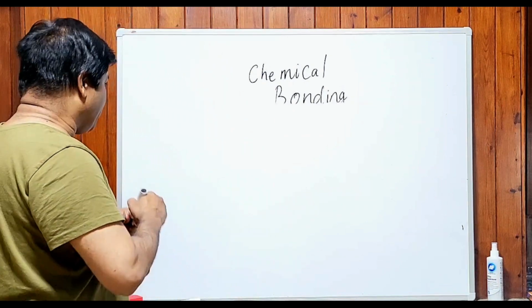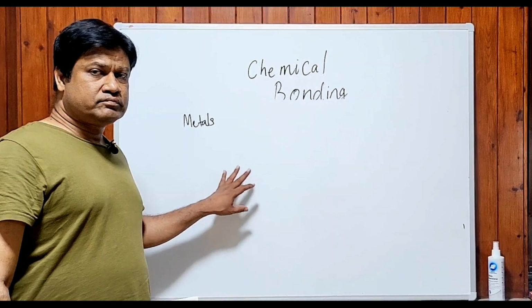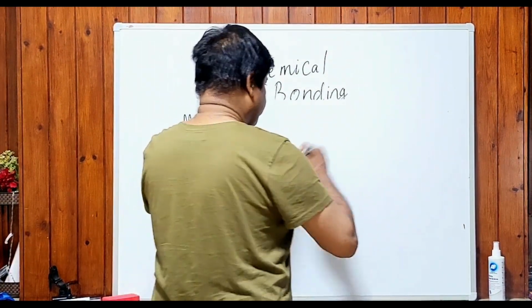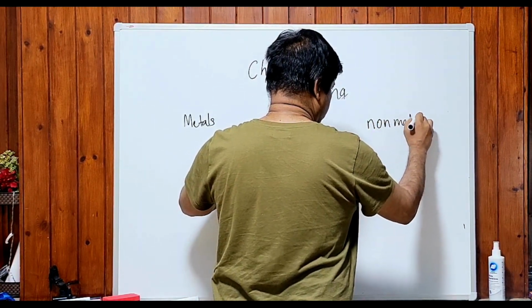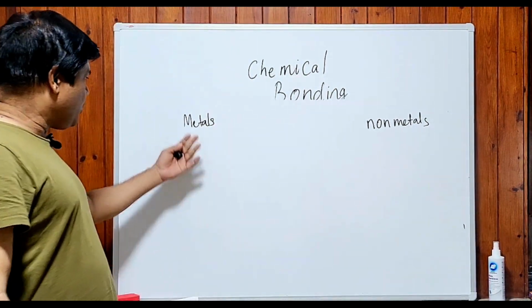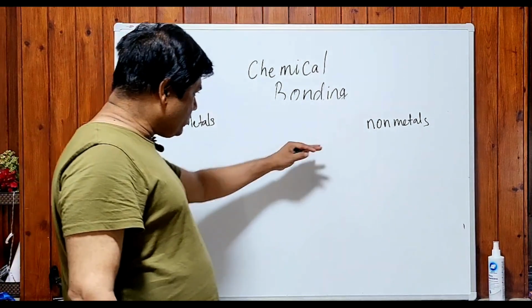Now, look at that. We have metals and non-metals. When you look at the periodic table, you have metals on the left side of the periodic table and non-metals on the right side.